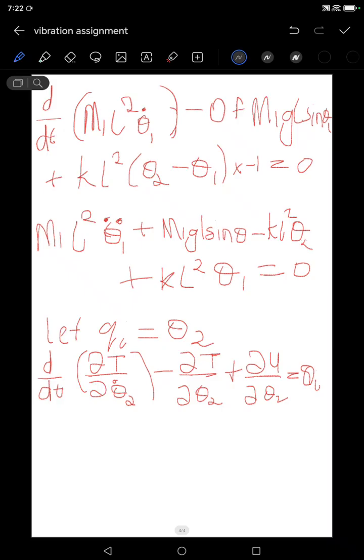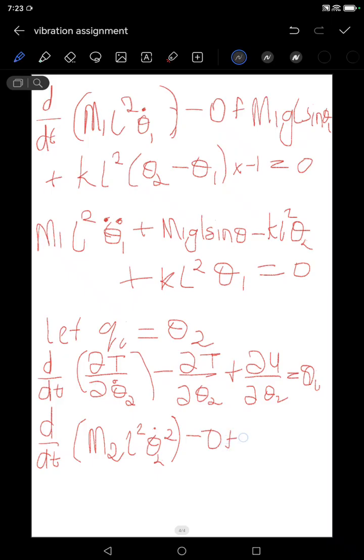Okay, now we're going to derivate with respect to theta 2, and on the kinetic energy T, we have half m2 l squared theta 2 dot squared. So when we derivate it, we're going to be left with d over dt into m2 l squared theta dot 2, minus 0 because we don't have theta 2 in our kinetic energy.